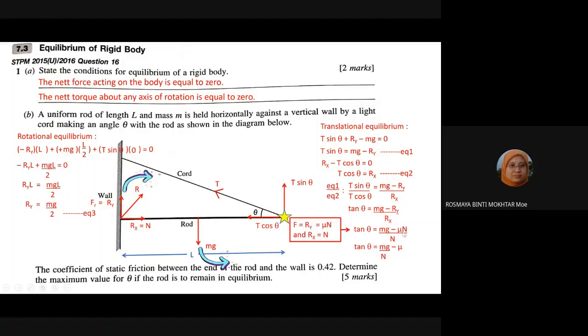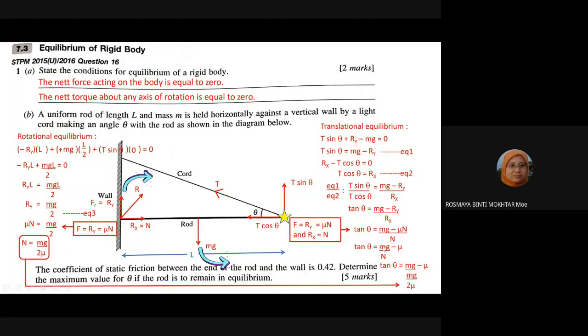So we simplify this. Mg per N minus N can be cancelled out, so minus mu. For equation 3, we also do the same. Substitute the Ry, which equals the friction, and the friction equation is mu N. So we bring mu to the right side, cross multiply, and it becomes mg per 2 mu. So we substitute this N into this equation, mg per 2 mu.